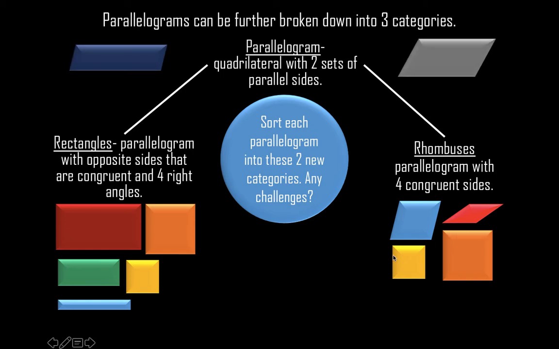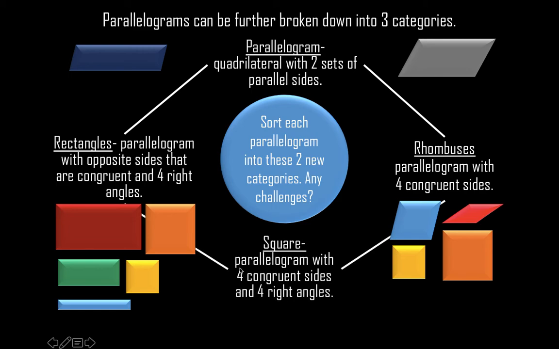They can also be put into their own category: a parallelogram with four congruent sides and four right angles. So remember that congruent means equal. Squares can be their own category as well.